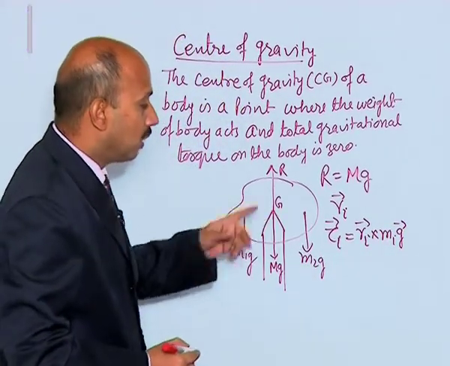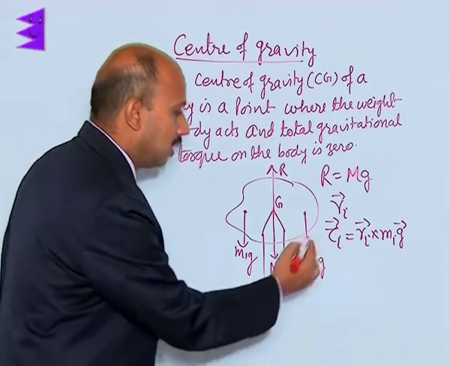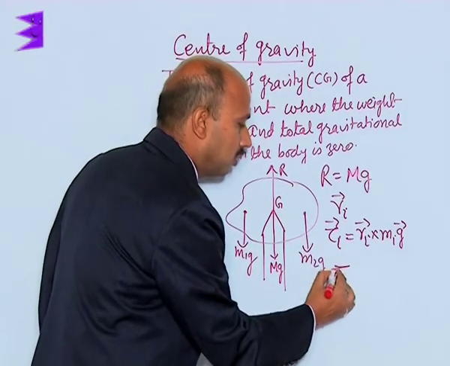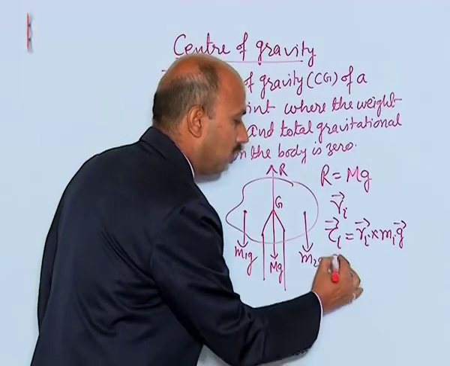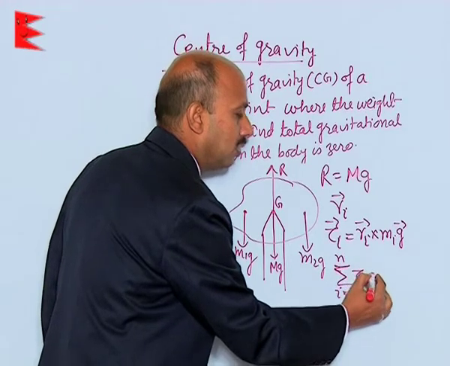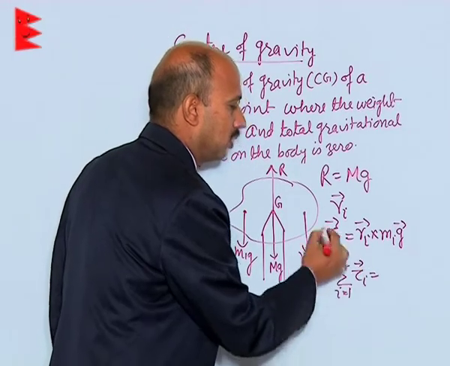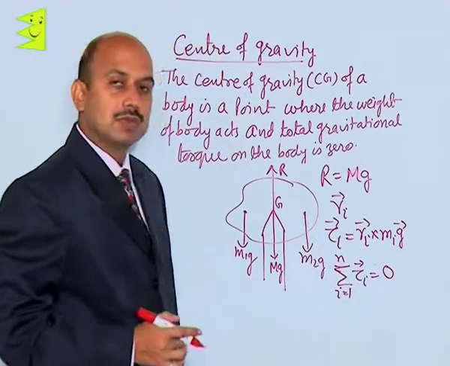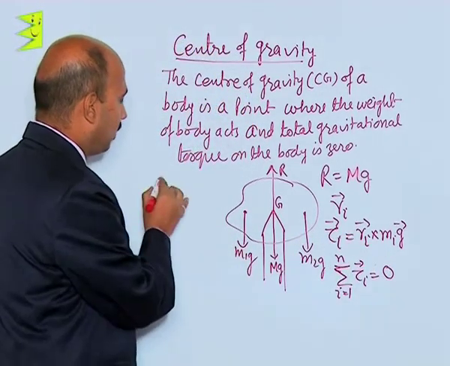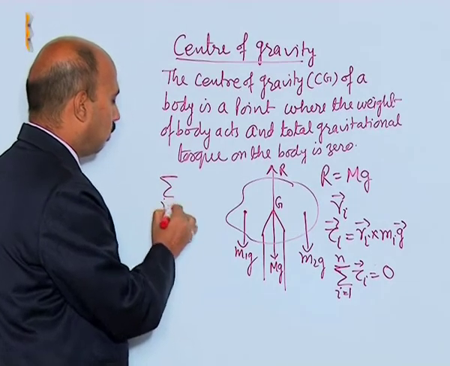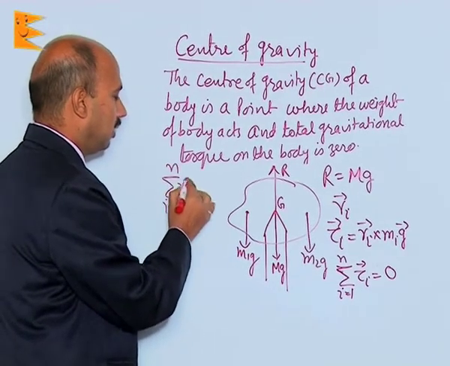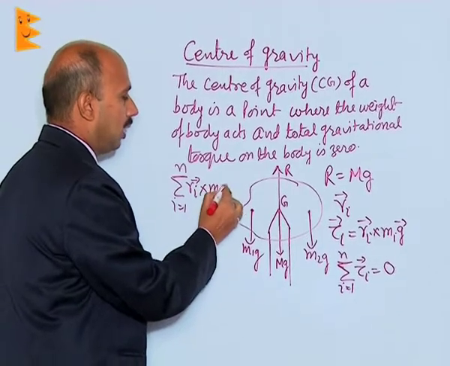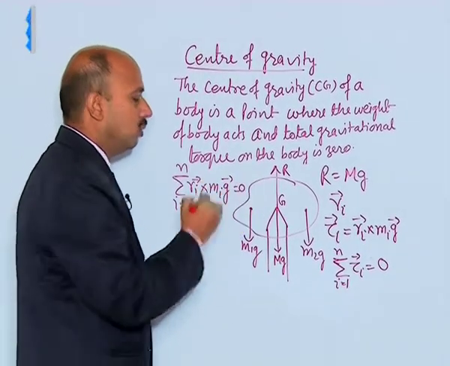So, for the rotational equilibrium we can write the sum from i equal to 1 to n of torque i is equal to 0 simply. That means, we can write the sum from i equal to 1 to n of Ri cross Mig vector is equal to 0.